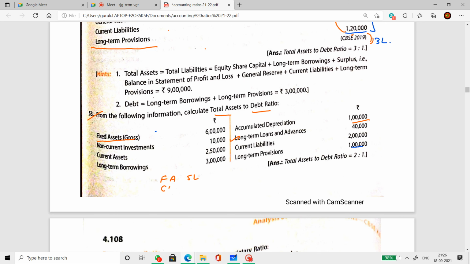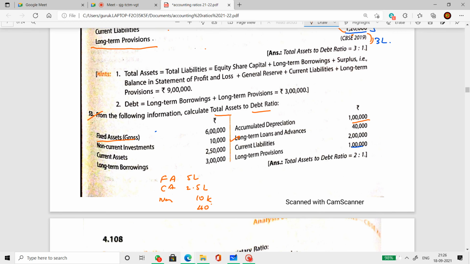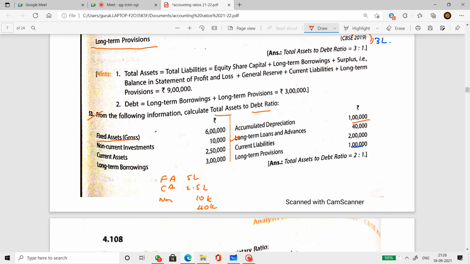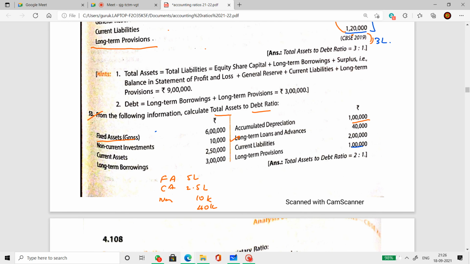So fixed asset, current asset of 2,50,000, non-current investment of 10,000, and then we have long-term loans and advances 40,000 contributes the total of the asset side.